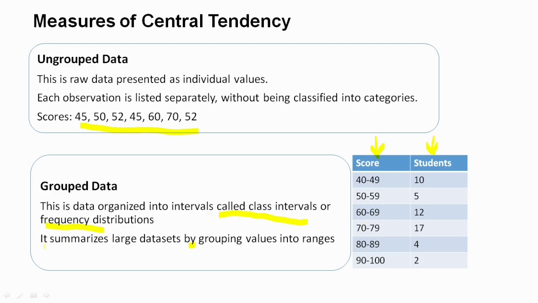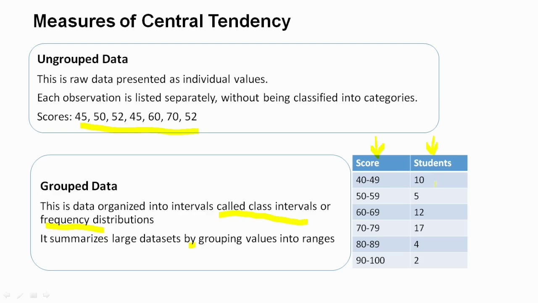In grouped data, we summarize a large data set. When there are many data points, they are reduced by grouping the data points into ranges. This is the main difference between ungrouped data and grouped data.